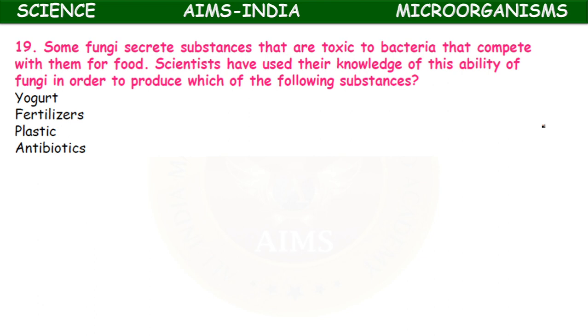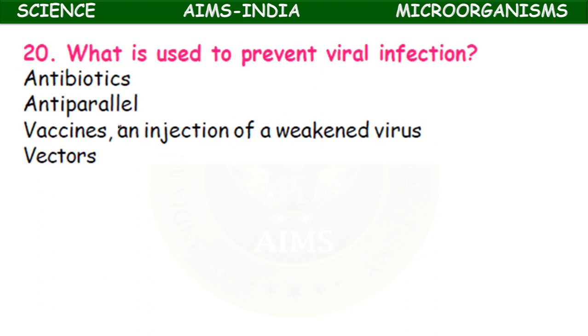Okay, so what is that substance? Here some fungi secrete the substance that is toxic to bacteria, means antibiotic. For example, penicillin you can consider. Okay, here the answer is antibiotics.